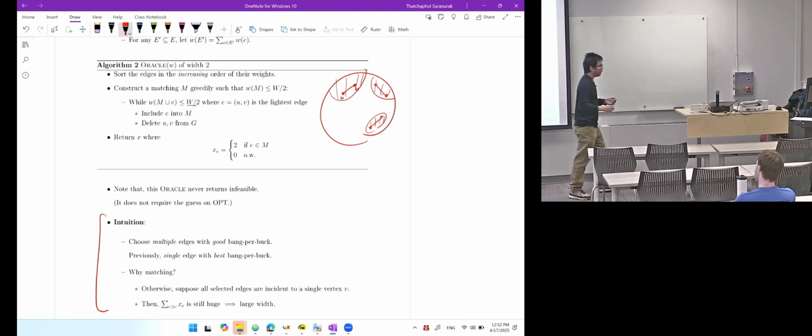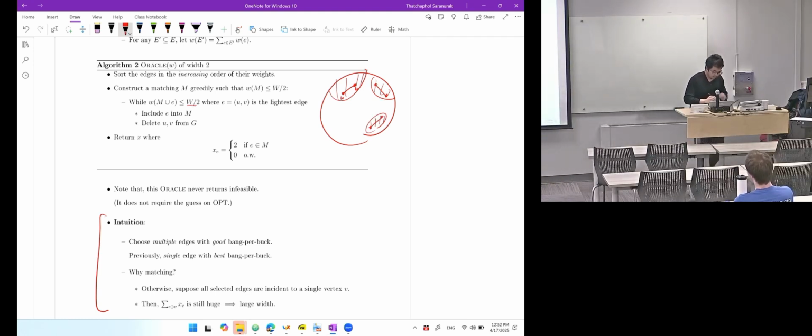Well, because if it's not a matching, it could be the case that when I sort them, the first edge is here, the second edge is here, the third edge is here, and all of them can be incident.